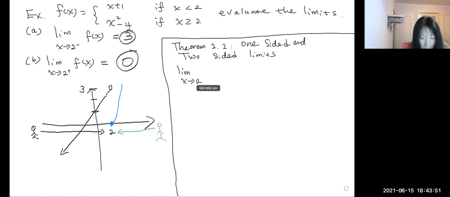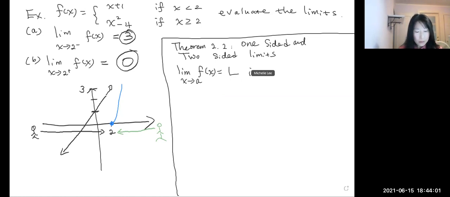As x approaches a, the limit of the function gives L if and only if, okay, so this one means the two sides agree, all right?